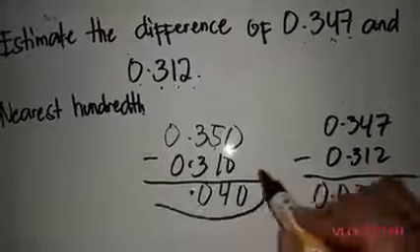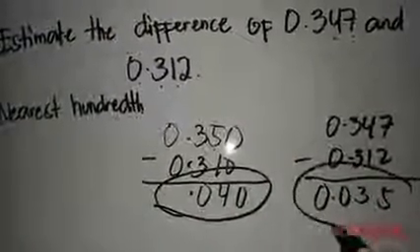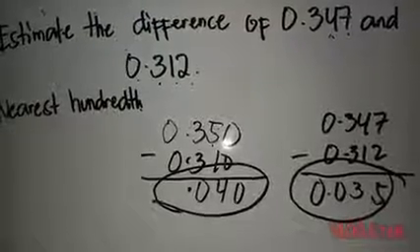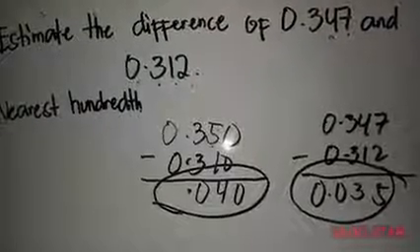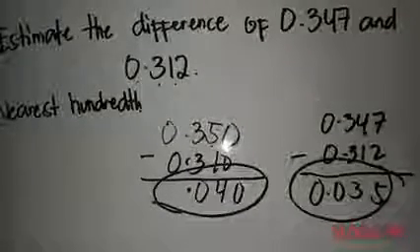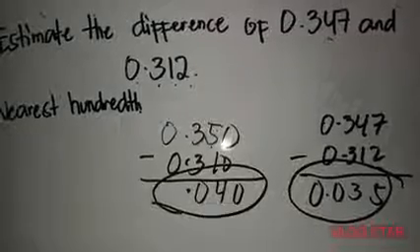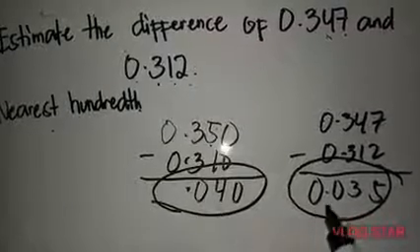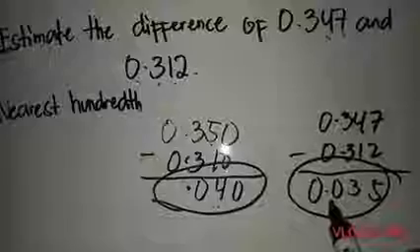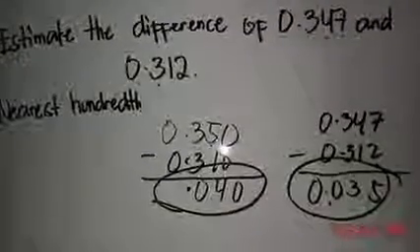So this is the estimate difference, and this is the actual difference. So if you round the actual difference to the nearest hundred, the estimate difference and the actual difference is close.